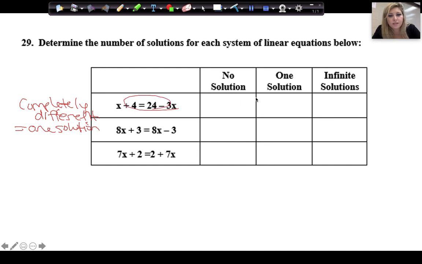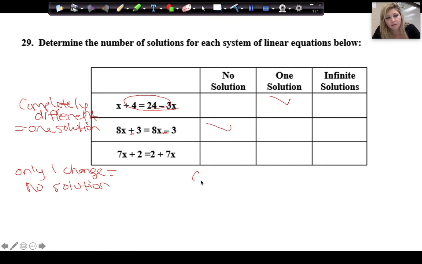So these are completely different, so one solution. When only one thing changes, that is no solution. So if only one thing is different, then it's no solution. So this has one thing that's different, so no solution.